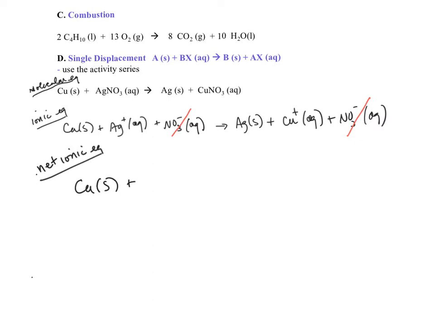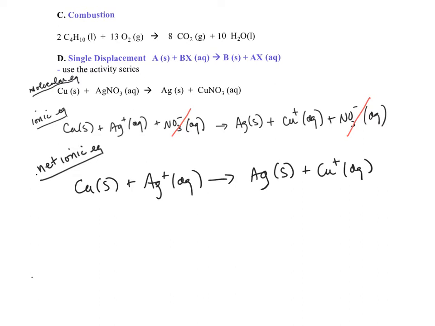So copper solid reacts with silver ion to form silver solid. Solids are neutral, right? So silver neutral plus copper ion.